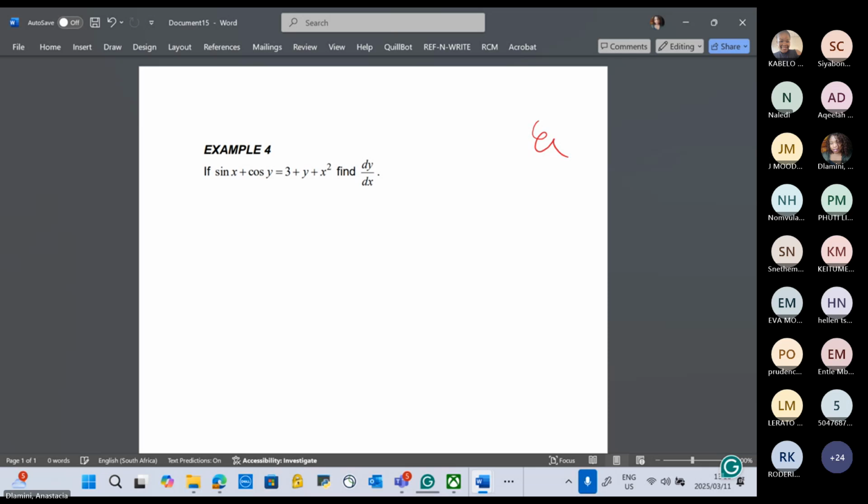So this is equal to cos of x, yes, minus sine of y dy over dx, equals 0 plus dy over dx plus 2x.